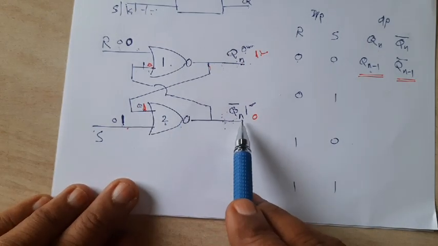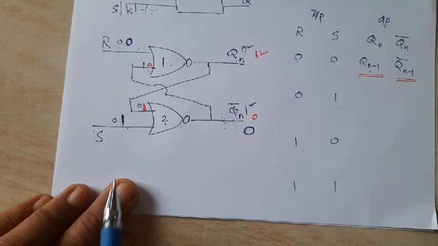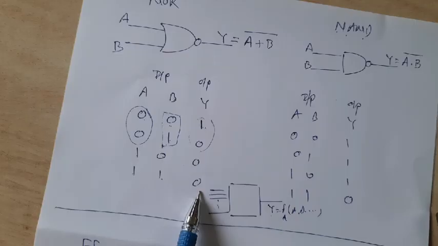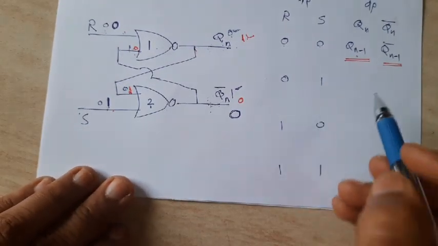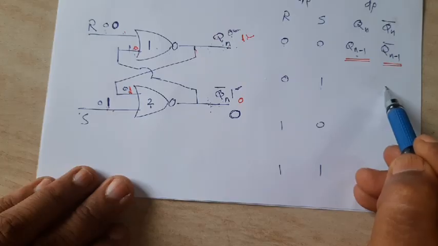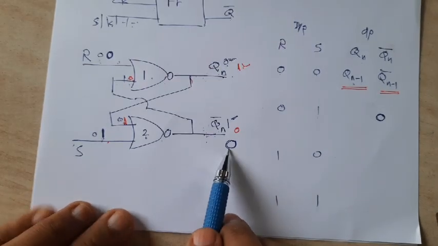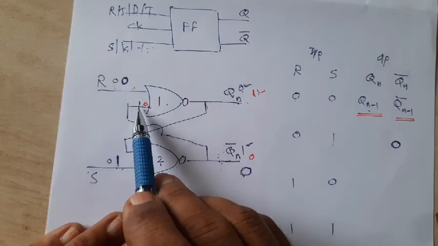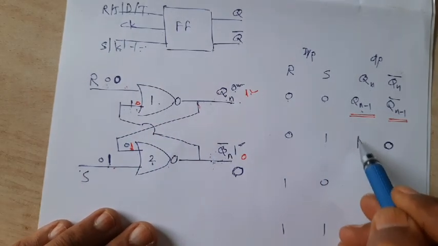The output Qn bar will be 0 because this is 1. If one input is 1, output is definitely 0. And so, if S is 1, definitely Qn bar is equal to 0. Now as this is 0, it acts as an input for the first NOR gate. So now both the inputs of the NOR gate are 0 and output Qn is 1. Check.